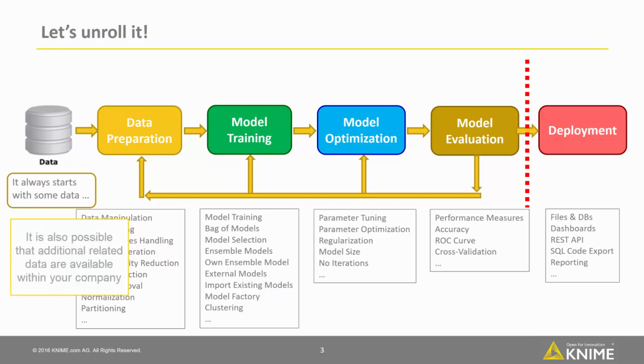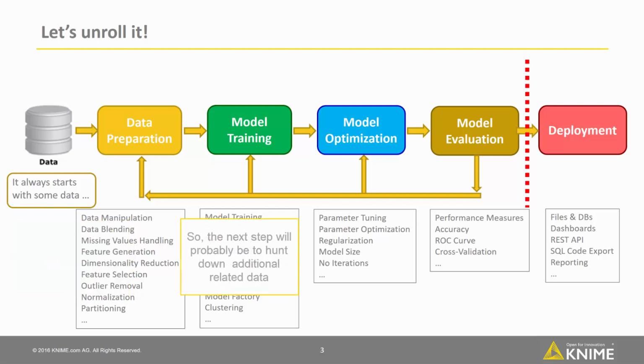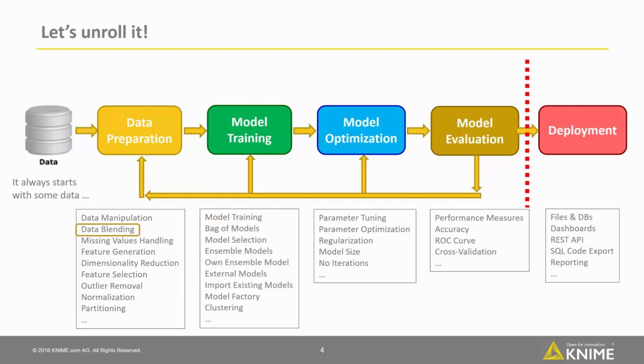It is also possible that additional related data are available within your company in different shapes or form. So the next step after reading your data will probably be to hunt down additional related data to enrich your data set with hopefully useful information. This phase is known as data blending.